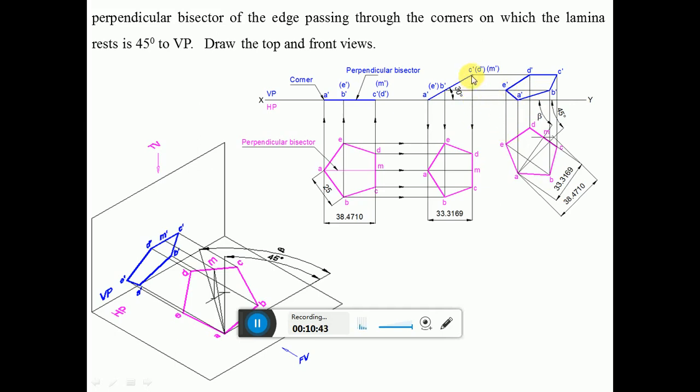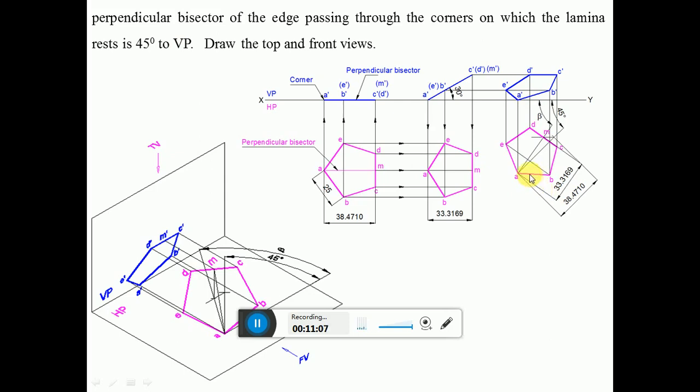Similarly, you draw a vertical projector from C and also from D, and from C dash D dash you draw a horizontal projector to get the points C dash and D dash. If you want, you can draw a projector from M to get the point M dash. It need not be shown. This M reference is required only for transferring the dimensions.